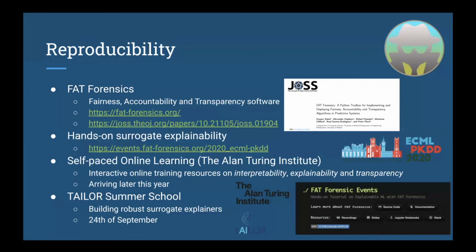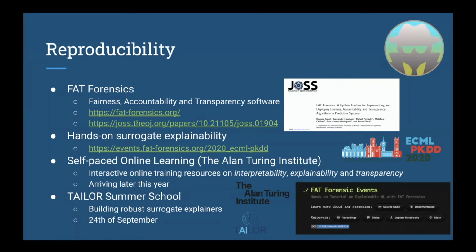If you want to learn more, there is this open source software package that we are developing called Fat Forensics, and it has been used for some of the demos that I showed you today, and also the hands-on that we'll do in a moment. We ran a tutorial covering this topic more in depth at ECML PKDD last year, and all of the resources from this tutorial are available.